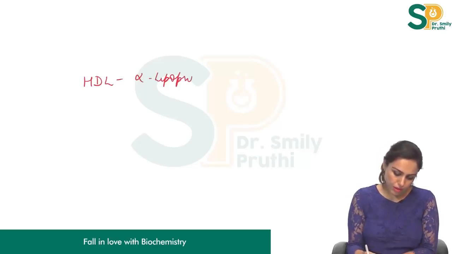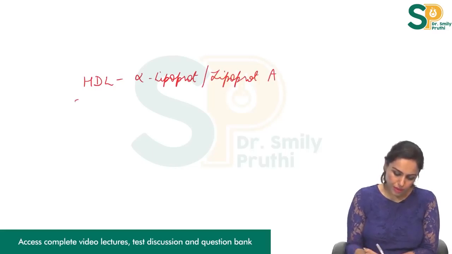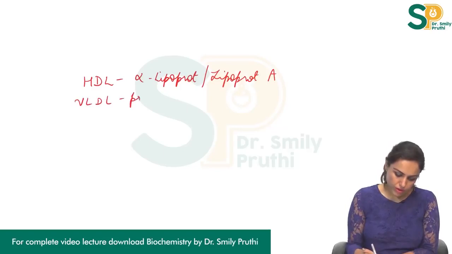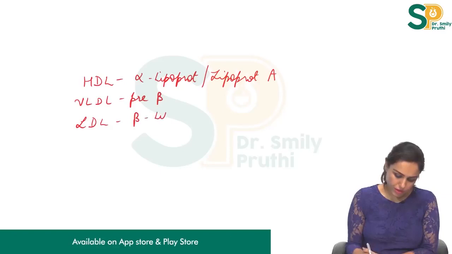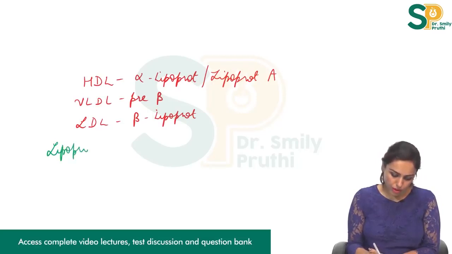Now, also note down that HDL is known as alpha lipoprotein, also known as lipoprotein capital A. VLDL is known as pre-beta lipoprotein. LDL is known as beta lipoprotein. And there is one new term, lipoprotein small a.